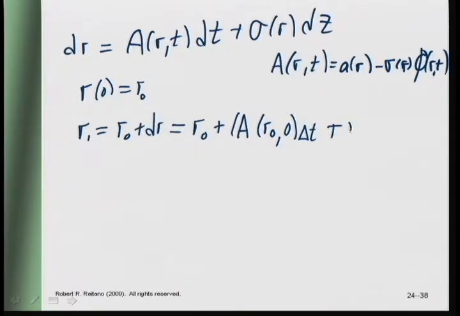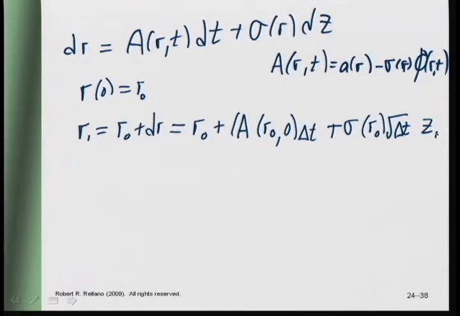Take the function sigma, evaluate it at R0, and let's remember what dz is. dz can be thought of as square root of delta t times a normal z. Namely, at the end of one period, Brownian motion has a mean of 0 and a variance of delta t.